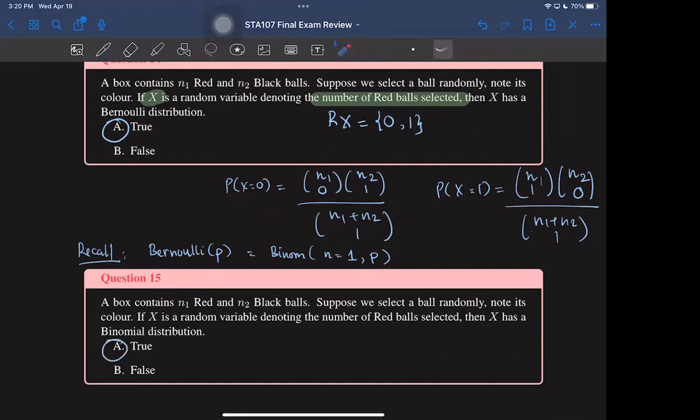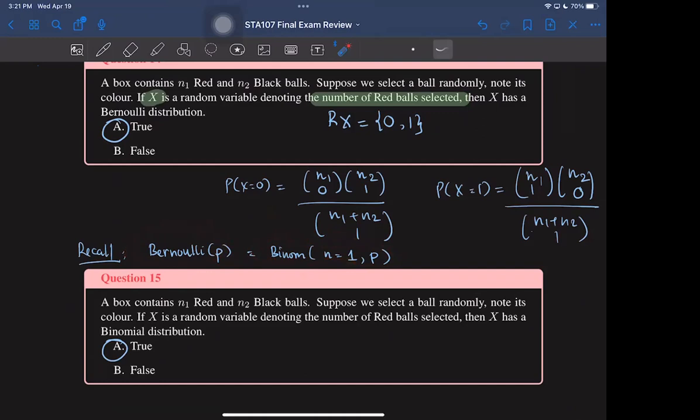So if you see any random variable X that follows a Bernoulli distribution, it means that X also follows a binomial distribution. But the reverse is not true. If X follows binomial distribution, it might not follow Bernoulli distribution. It only follows Bernoulli if the number of trials is equal to 1.